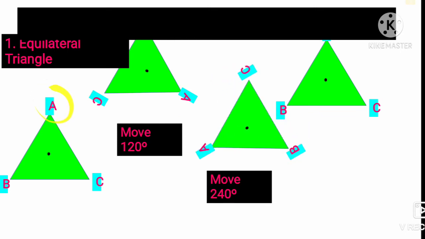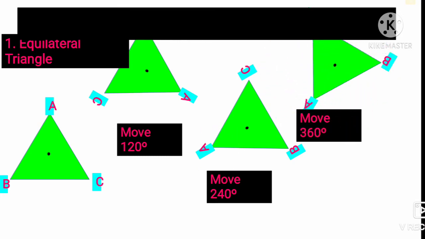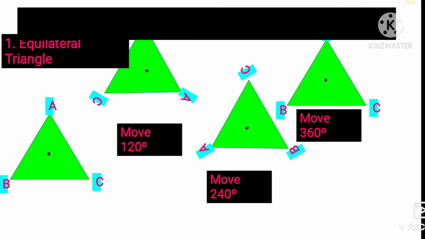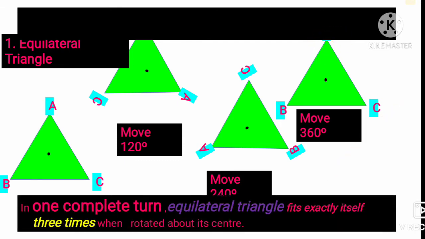Look, A from here moves 240 degrees and ends up here, and then we move it 360 degrees. So this A will move 360 degrees back into its position.